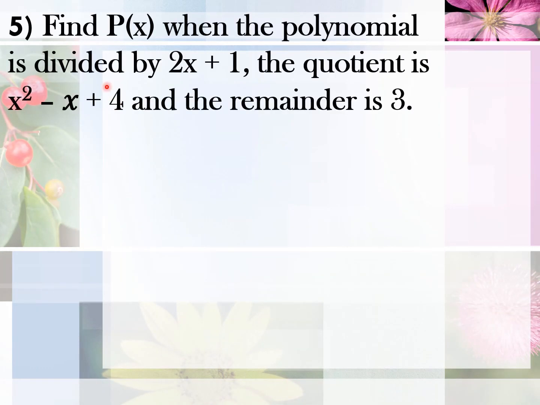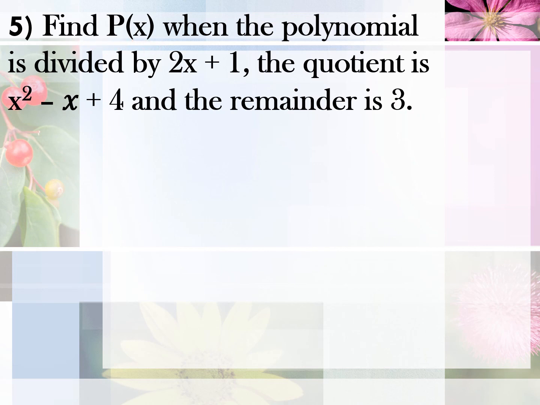Let's solve our fifth problem. Find p of x when the polynomial is divided by 2x plus 1. The quotient is x squared minus x plus 4 and the remainder is 3. So, dito ang nawawala is yung p of x o yung dividend natin.